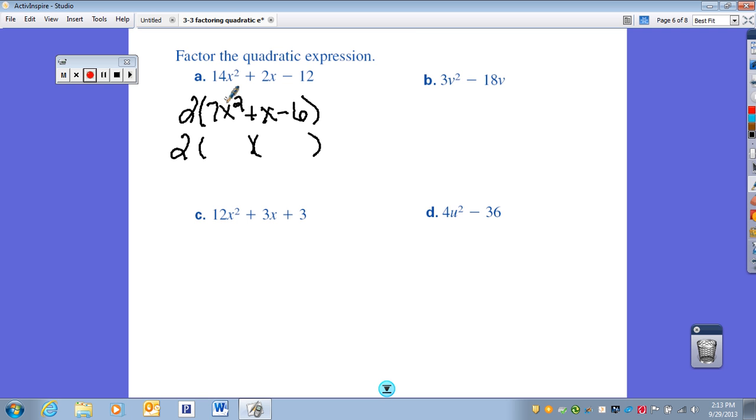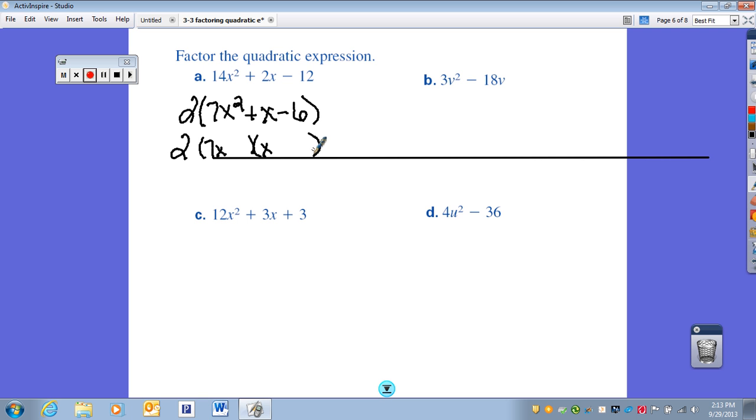What can I multiply together that gives me 7x squared? Well, that would be 7x and x. Then, what can I multiply together that's going to give me 6? I could either use 3 and 2 or 6 and 1.